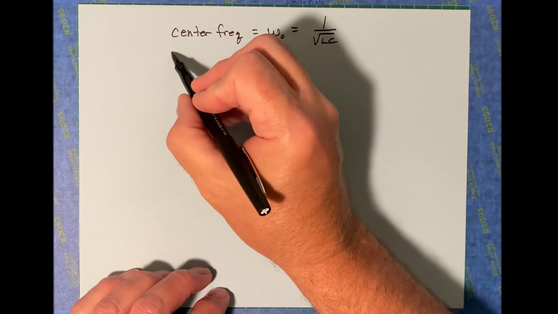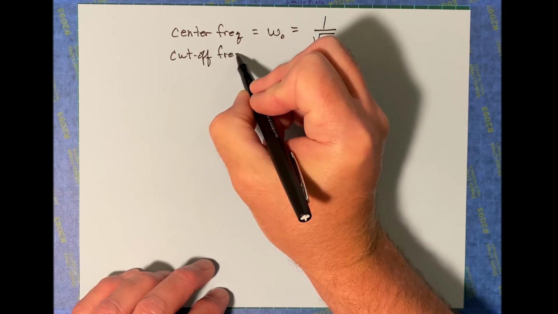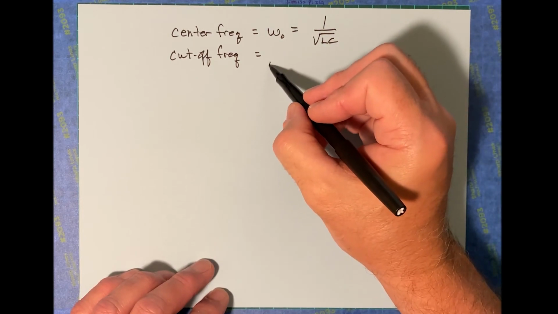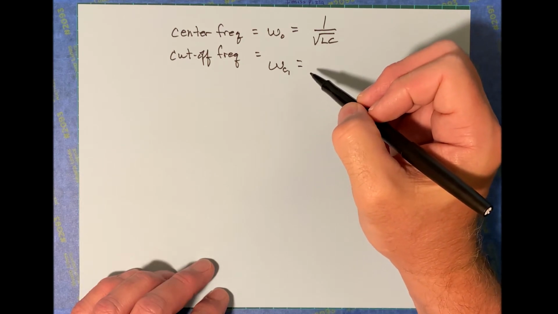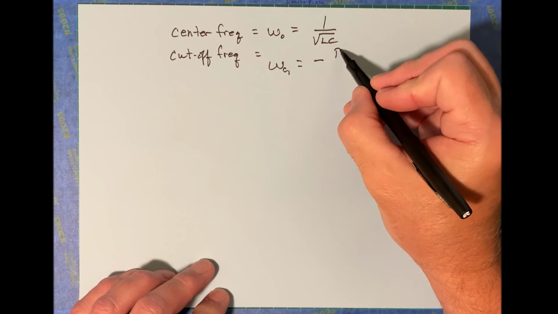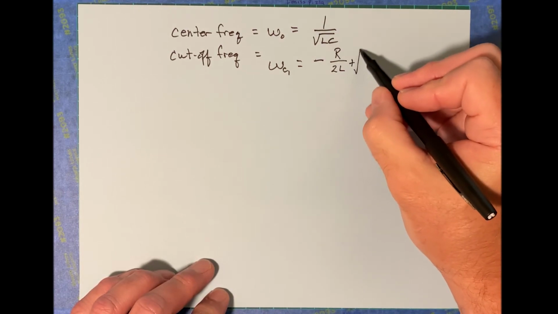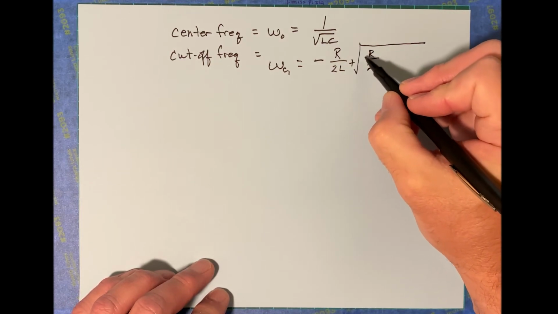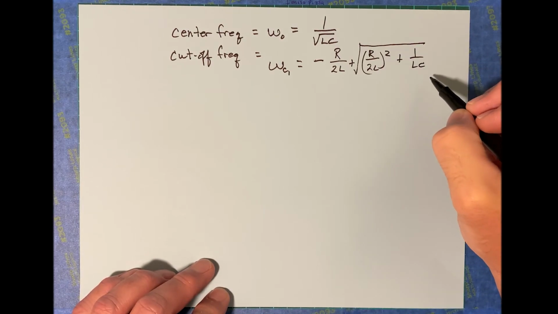The cutoff frequencies, that's your omega sub C1 and omega sub C2, look a little more difficult because they involve quadratic equations. So when you simplify it, it looks like this: omega sub C1 is minus R over 2L plus the square root of R over 2L squared plus 1 over LC.